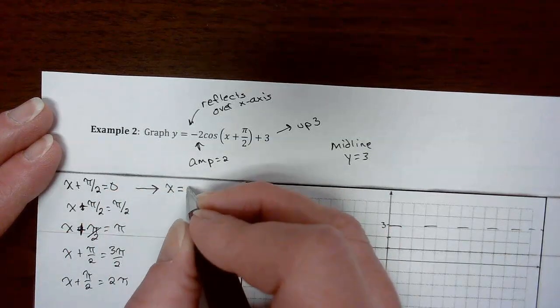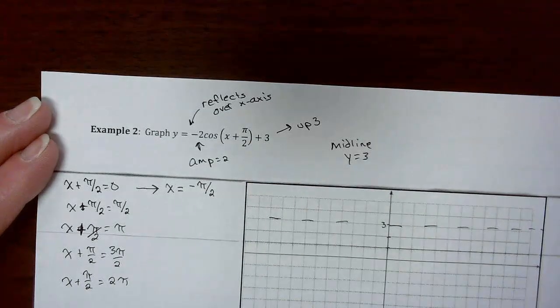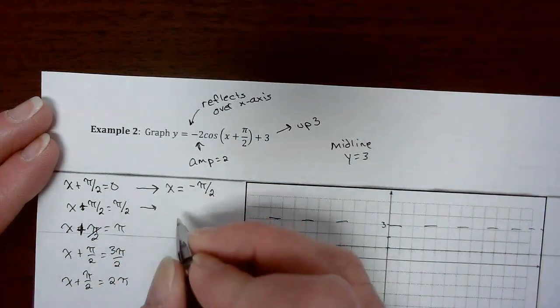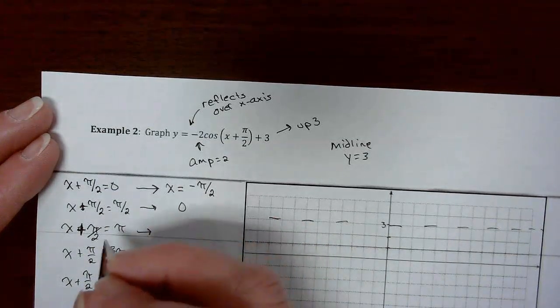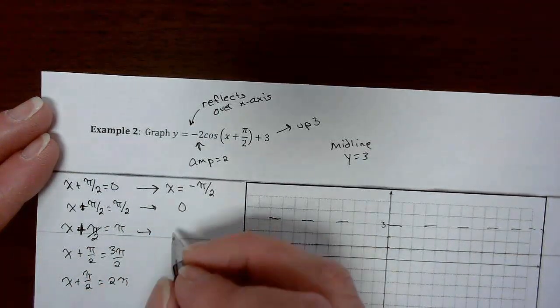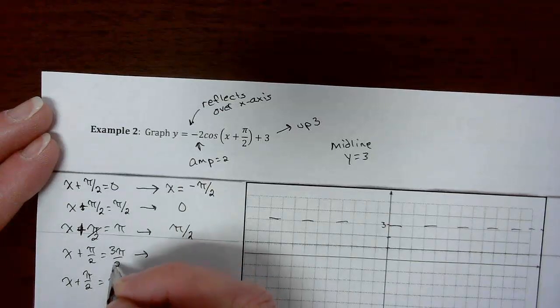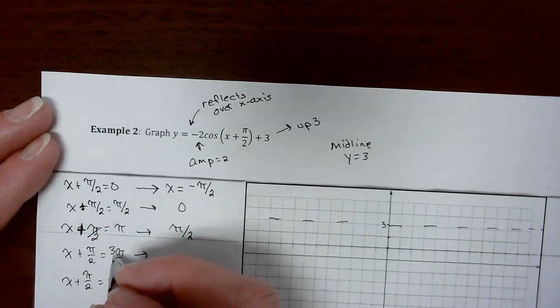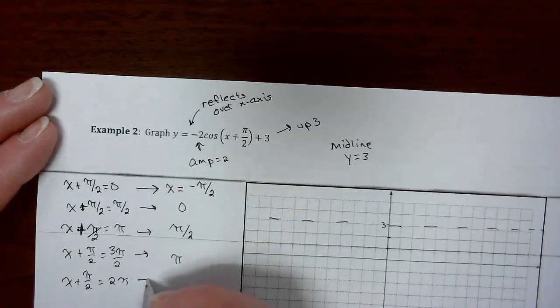So when I subtract pi over 2, I get negative pi over 2 for my starting point. Subtract pi over 2, I'm going to get a 0. If I subtract pi over 2 from pi, I get pi over 2. Subtract pi over 2 from 3 pi over 2, we get 2 pi over 2, or pi.